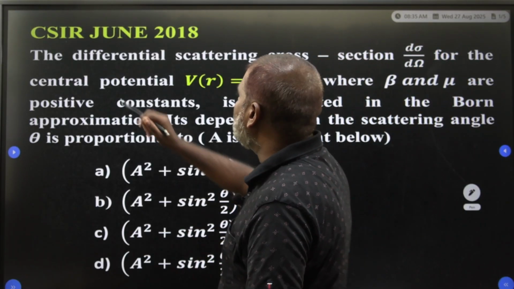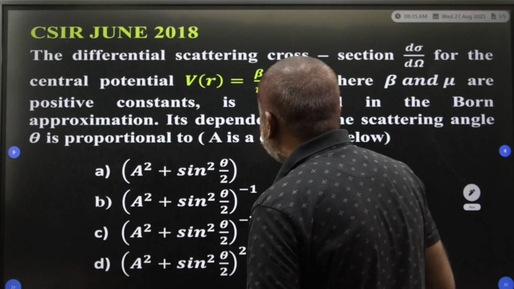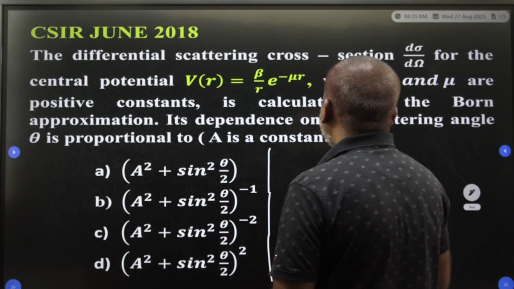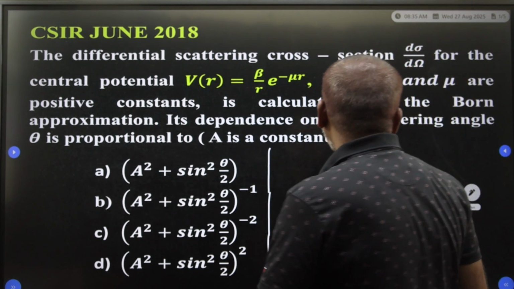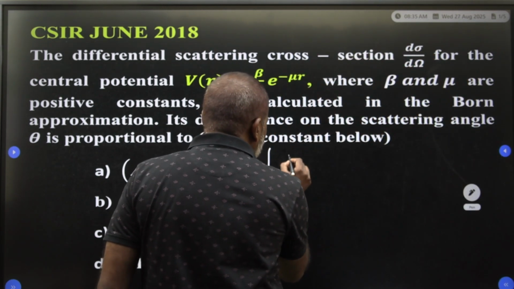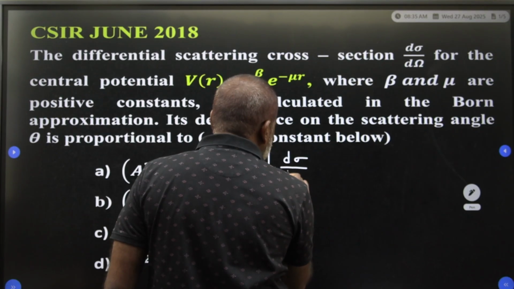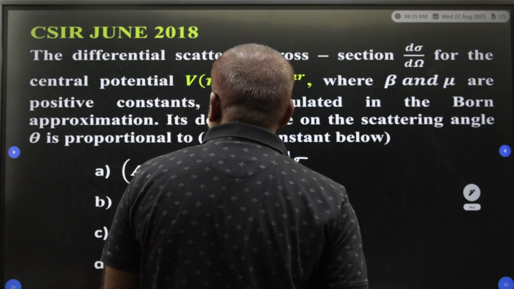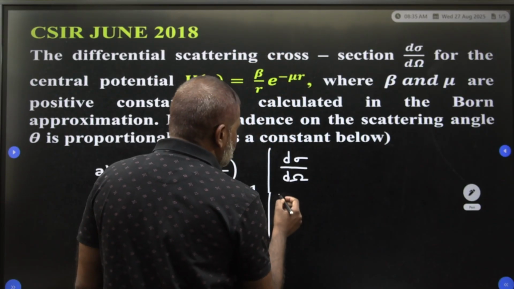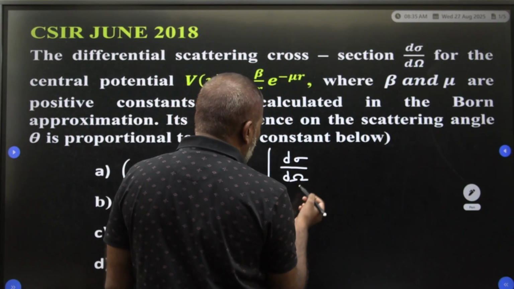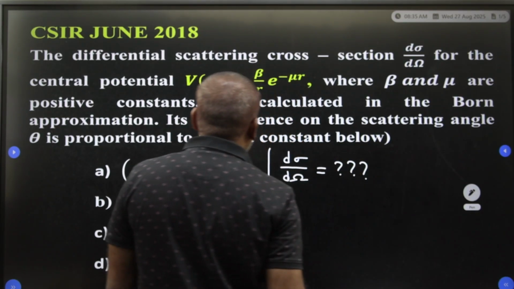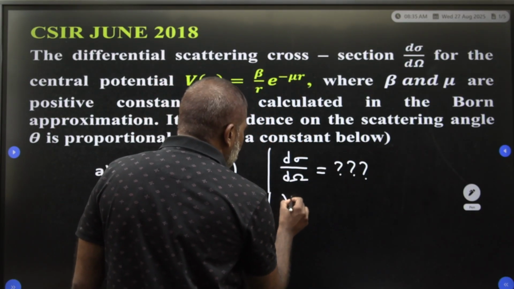In CSIR June 2018, there was a question on the differential scattering cross section, d sigma by d omega, for a central potential. What is the central potential?